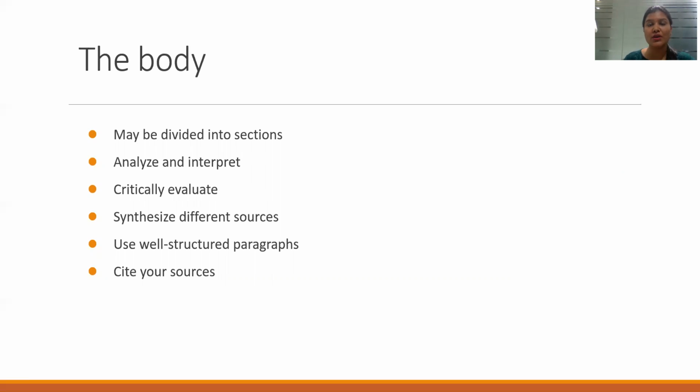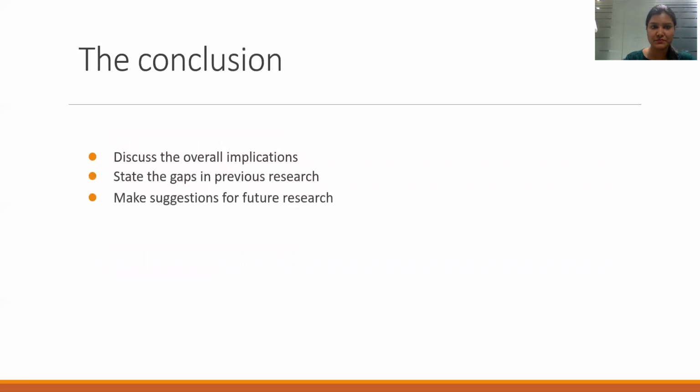You should talk about what all has been missed in that literature. You should also cite contradictory literature, synthesize different sources, and use well-structured paragraphs. And also you should cite your sources in the bibliography.